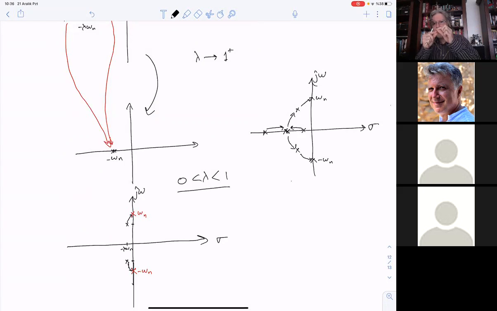And then afterwards, one of them goes up, the other one goes down, and they bend towards the j omega axis, and they stop at the j omega axis when lambda is equal to 0. This kind of a motion or the trajectory of the roots, you will see that again in the next semester in control systems. It's known as the root locus.